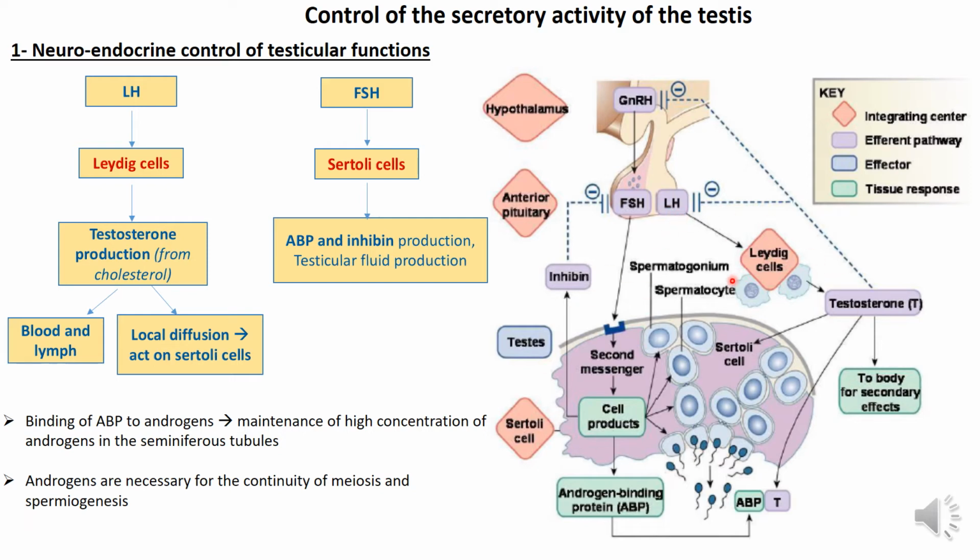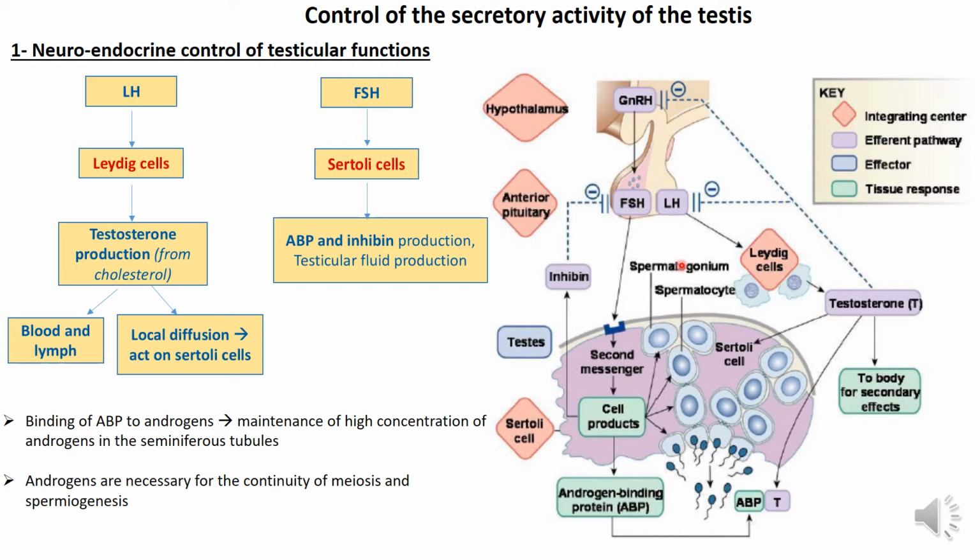In the gonads, we have different types of cells: the Leydig cells, the Sertoli cells, and the germ cells. The germ cells don't have receptors for LH or FSH, so they cannot be stimulated by those two hormones.